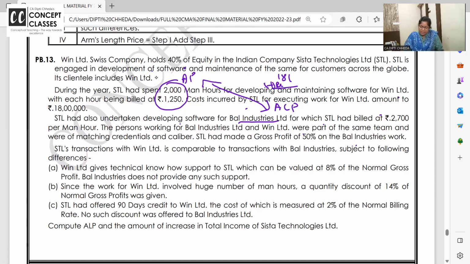Sista Limited with Win Limited. Win Limited gives technical support. Our sister concern in foreign, they are giving us technical support that can be valued at 8% of the normal GP. So to others, if I am charging 50%, then what is 8% of 50? 50 into 8%, I should charge 4% less from my sister concern, because my sister concern is giving technical support worth 8% of the GP.